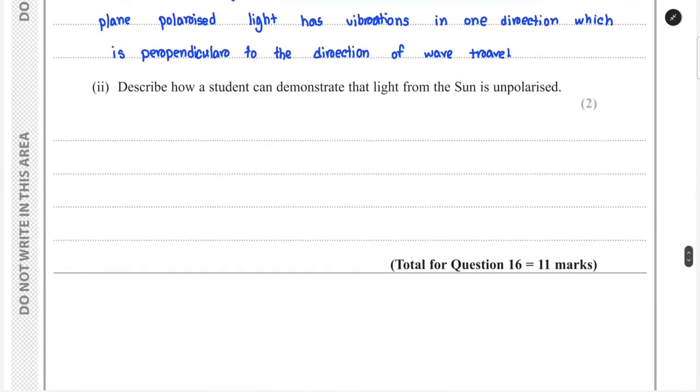Now we have a question where a student can demonstrate that the light from the sun is unpolarized. We have to devise an experiment which can show that. If the light was polarized, it only has vibrations in one plane.